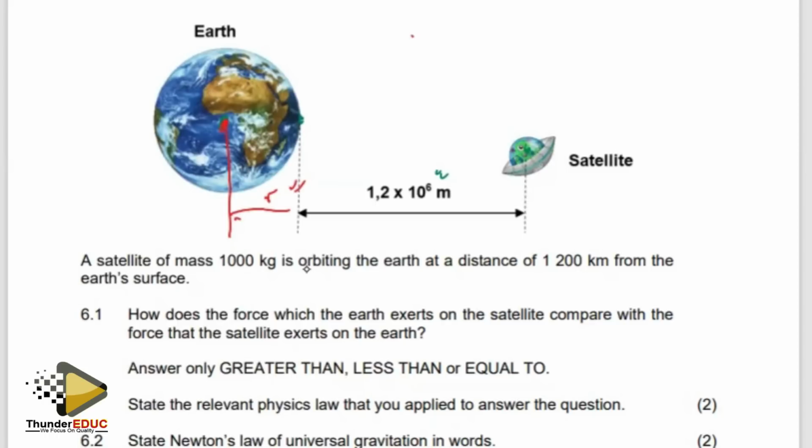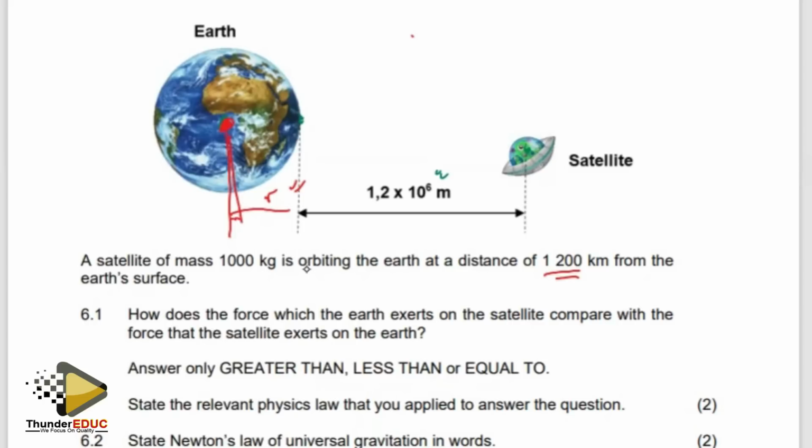So the satellite of mass 1,000 kg is orbiting the Earth at a distance of 1.2 kilometers from the Earth's surface. How does the force which the Earth exerts on the satellite compare with the force that the satellite exerts on the Earth? So we know from Newton's third law and from Newton's universal gravitation that the force exerted between the two will be the same. The only difference will be the direction.